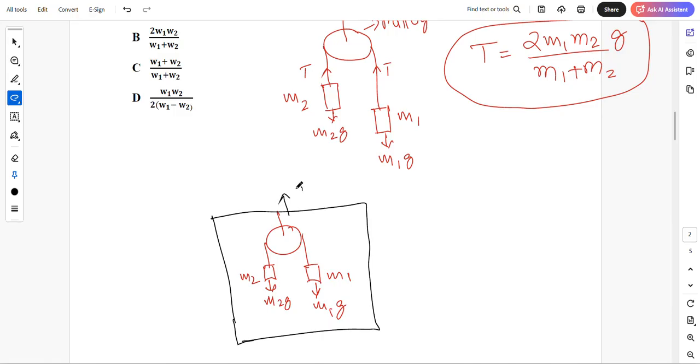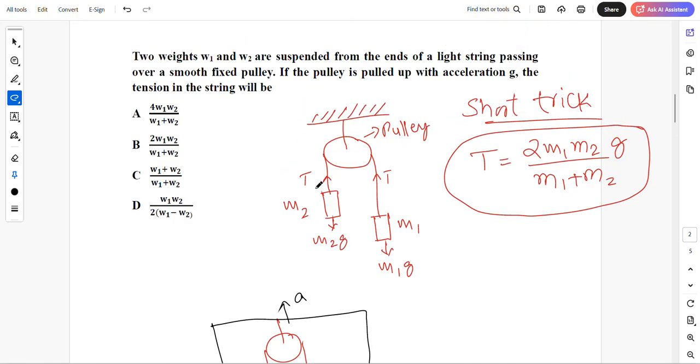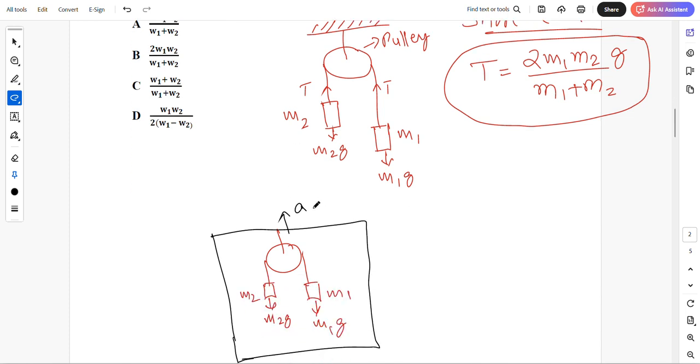If this is pulled upwards with acceleration g, a is equal to g, and a is up here.